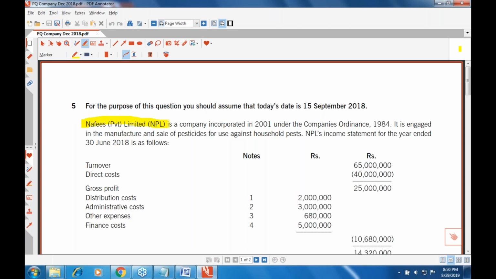In your handout section, you will find this question. The name of the question in the handout section is PQ Company December 2018.